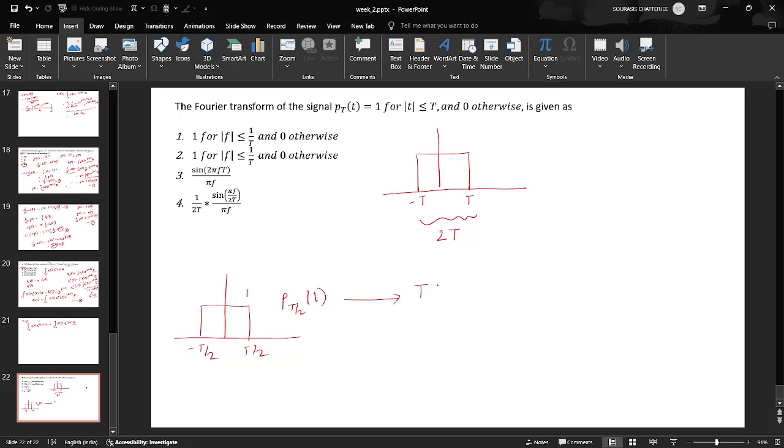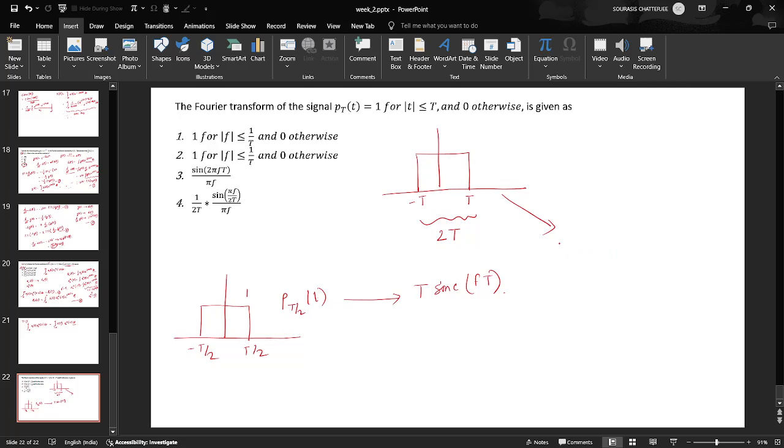This has a Fourier transform of T sinc(fT). Similarly for this, we just need to replace T by 2 with t.